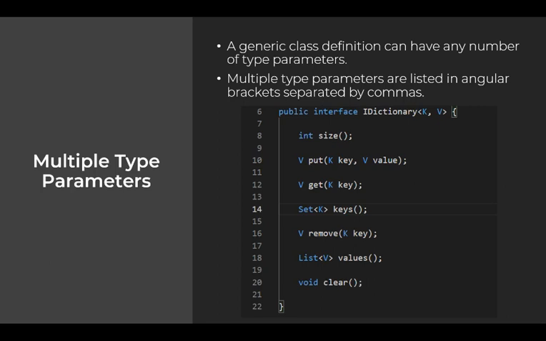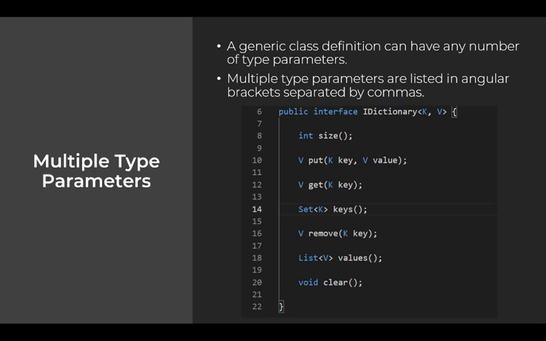One thing I can do as well, I will be able to create a generic class that has any number of type parameters. Something which will be very useful when I use a dictionary, for example. In a dictionary, I need a type for the key and perhaps a different type for the value. For example, I want to have a key which is going to be an integer and a value which is going to be a string. I can do that using two parameters.